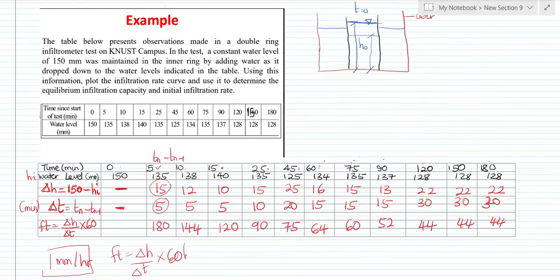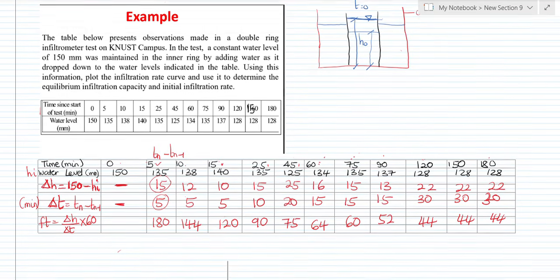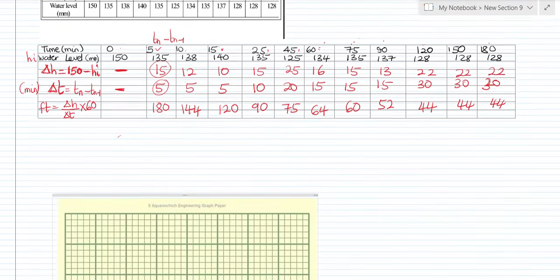So 60 is going to be minutes over 1 hour, right? Then we get this, right? Now after getting these things, what do we do? We plot them on a graph. So we plot them on a graph. So I have my graph here.